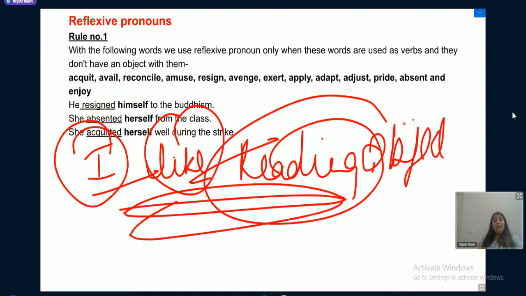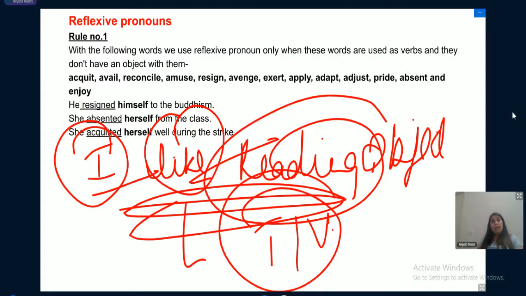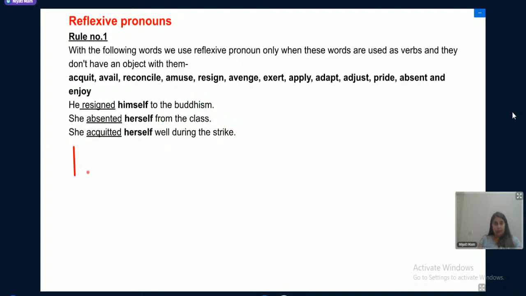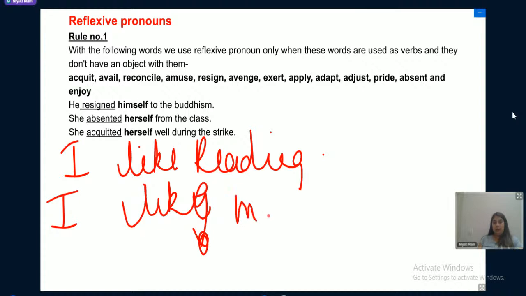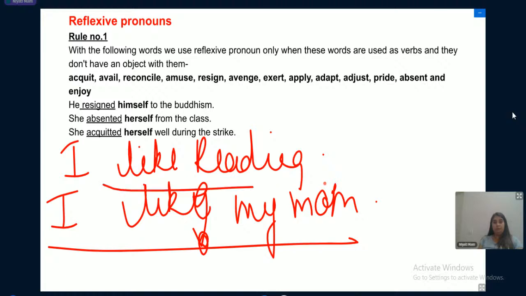So like is a transitive verb here. I can write another sentence: I like my mom.